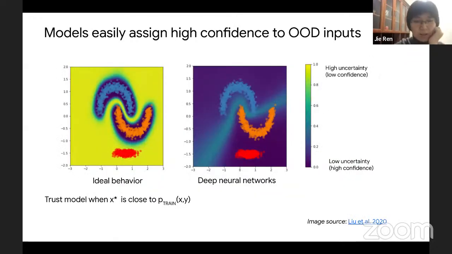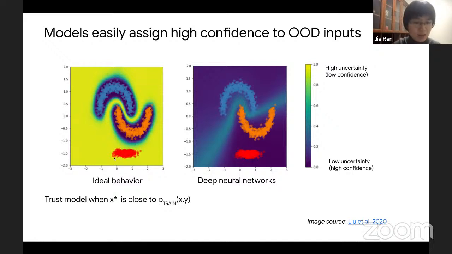And you may wonder how well current deep neural networks perform on the OOD detection task. Here I show a simulation study on a very simple two-moon classification problem, where the two in-distribution classes are represented by the blue dots and the orange dots.